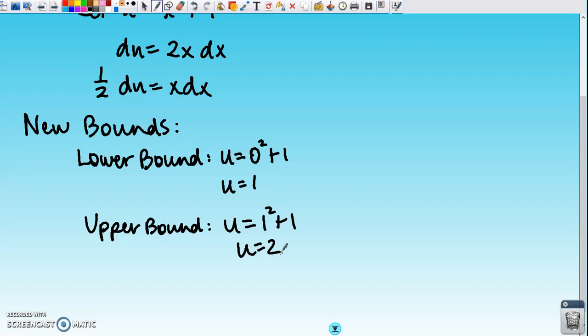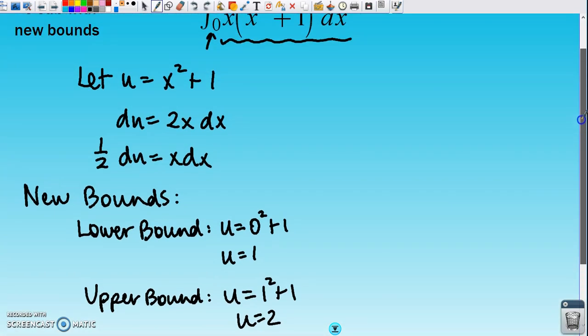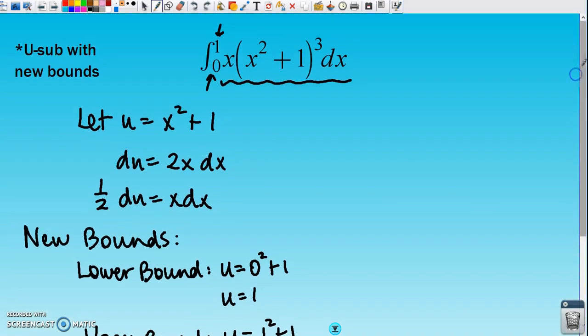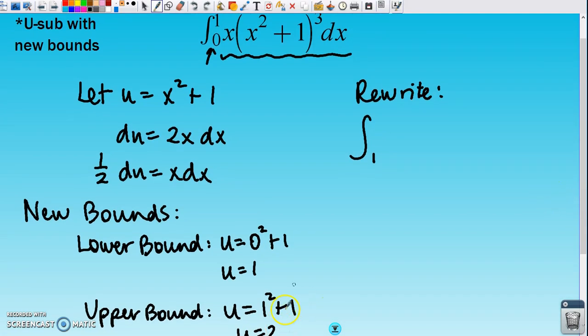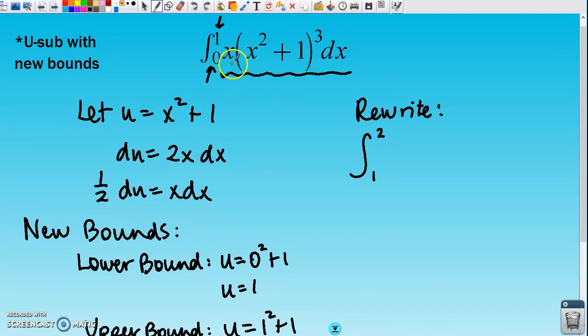So when I go to the rewrite portion of my day here, I'm going to have the integral. It's no longer from 0 to 1, now it is from 1 to my new upper bound of 2.